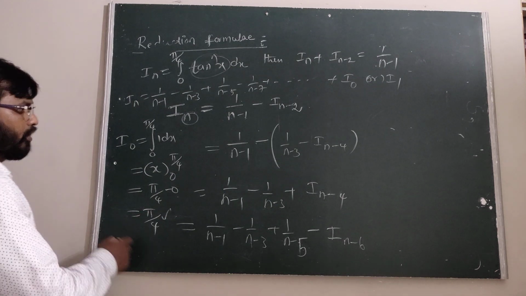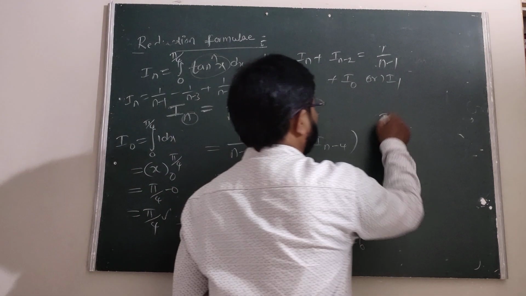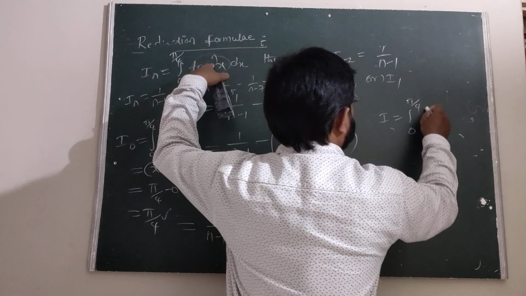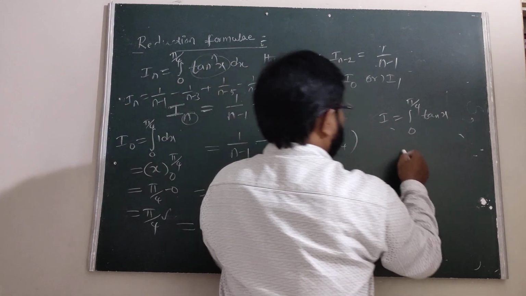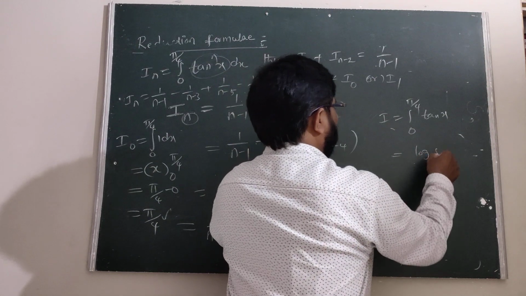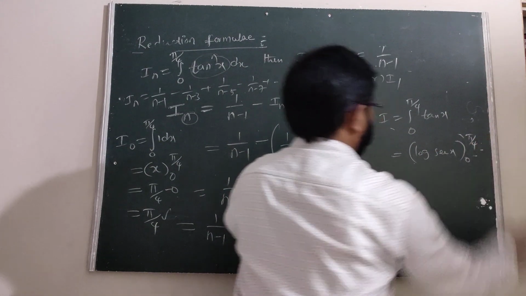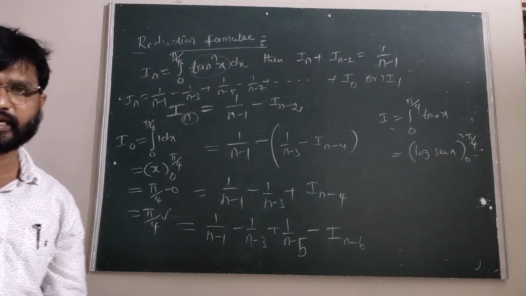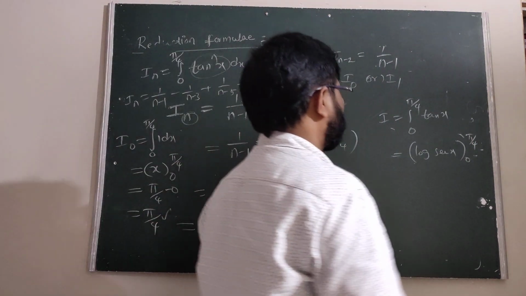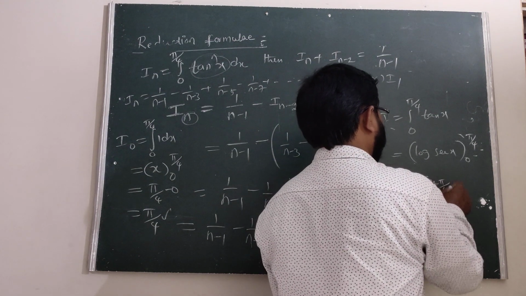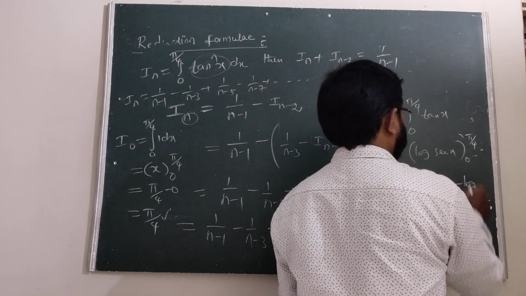Suppose if you are getting I_1, from 0 to pi by 4, I_1 is the integral of tan x. We know that the integral of tan x is log mod of secant x, from 0 to pi by 4. Therefore, this is log mod of secant of pi by 4 minus secant of 0.